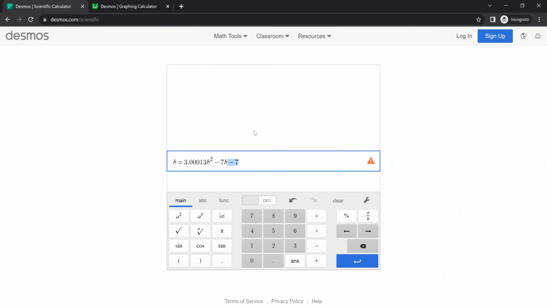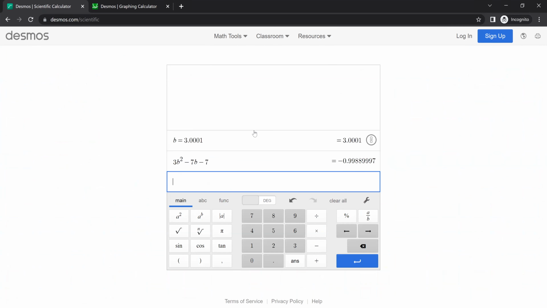All right, so there's that number, and then we're going to do A equals 3, and we'll do the same thing, except we'll change these.